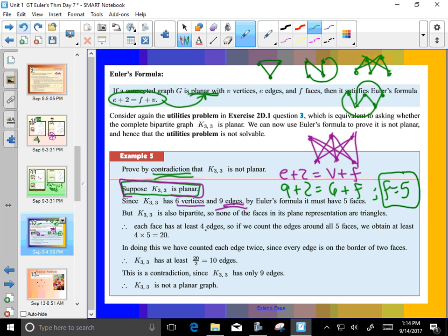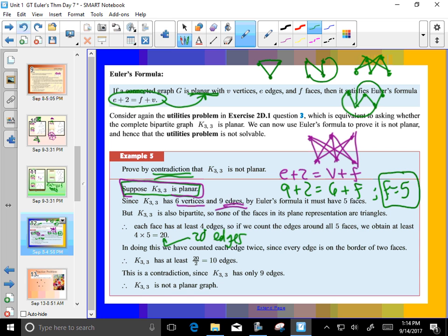So when we say at least 4 edges, for these faces there should be at least 4 edges on a face. So if there's 5 faces, how many edges would we predict? 20 edges. We show that by looking at those smaller examples and saying, okay, with these, there'll be at least 4 edges on a face. That means we could expect 20 edges.